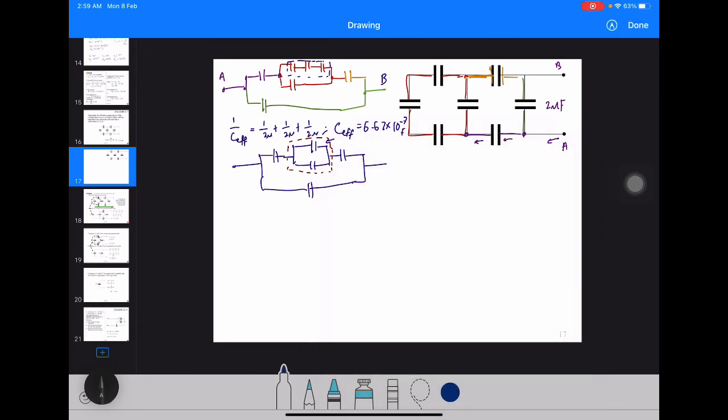So C effective for that one would be equal to 6.67 times 10 negative 7 plus 2 times 10 negative 6. So here I got 2.667. I think I might have to recheck my calculation.